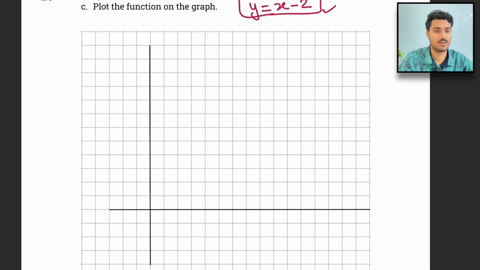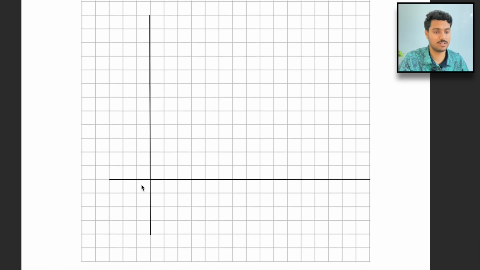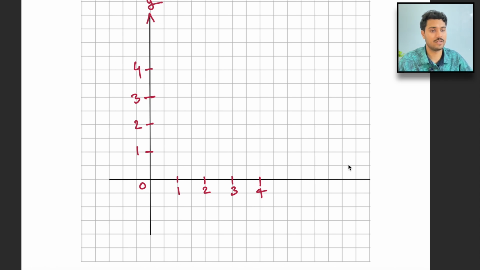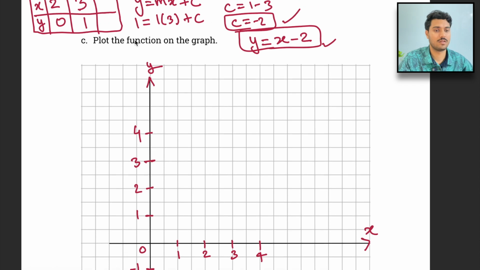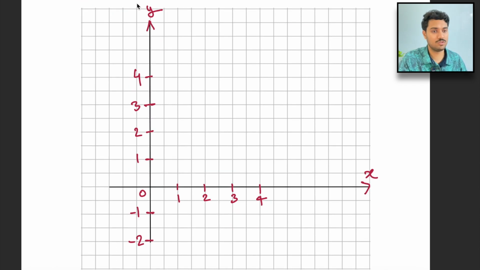Okay, and now let's mark the points. Let's say this is 0, this is 1, this is 2, this is 3, this is 4, this is 1, 2, 3, and 4. This is our y-axis, this is our x-axis, and -1, and let's say this is -2. First point is 2, 0. 2, 0 will be here only.